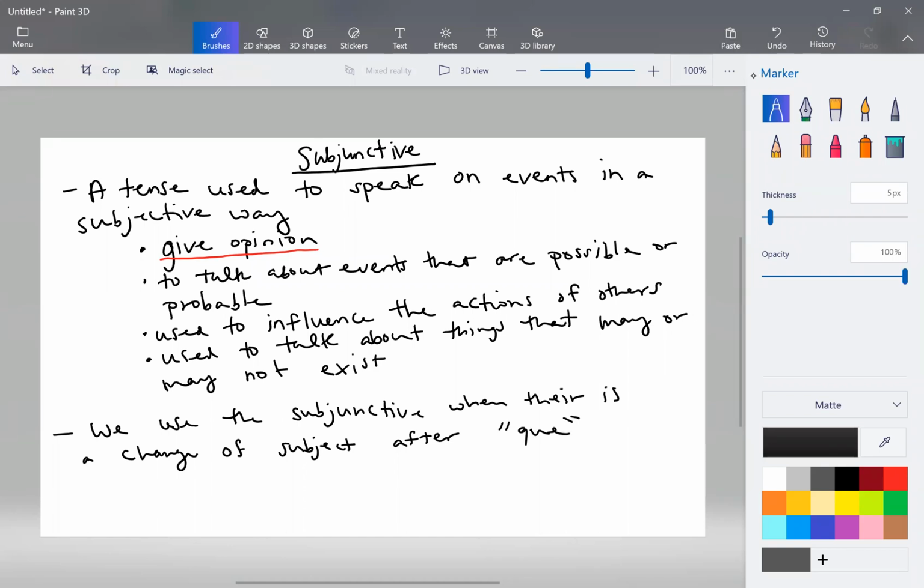Okay, after que. So we use the subjunctive when, oh, that's not how you spell that there either. I'm really struggling this morning, guys. When there is a change of subject after que. So when I say subject, what do I mean?